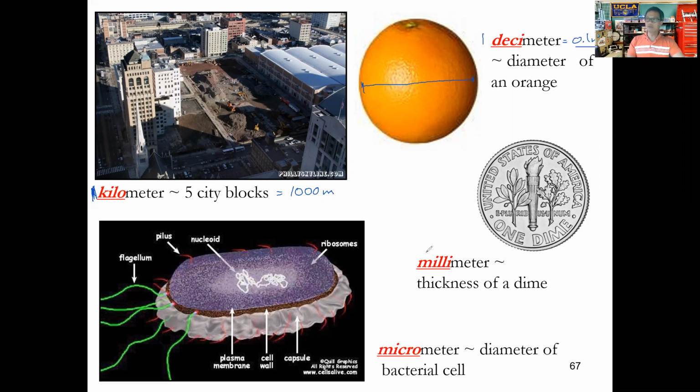There is the prefix milli. We add 1 millimeter to the base unit of meters, and we said that that is a unit that is 1,000 times smaller than the meter, and that's roughly the thickness of a dime, and you were able to measure that. Hopefully quite a few of you got close to that. So we're measuring not the diameter of the dime, but the thickness of the dime.